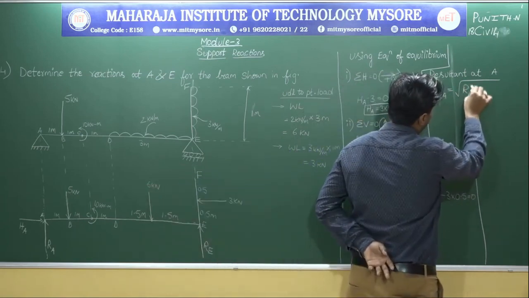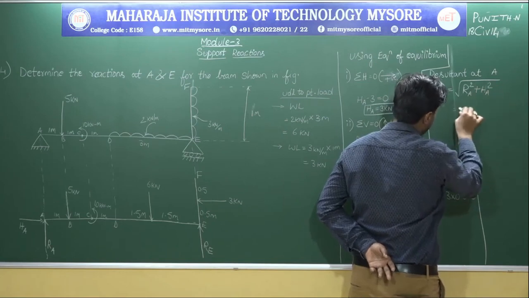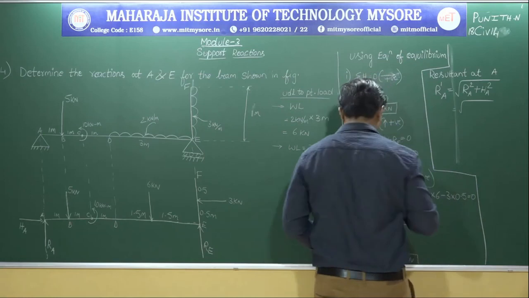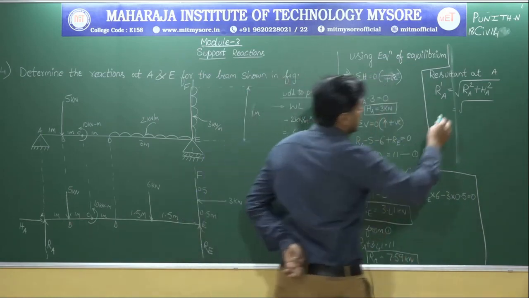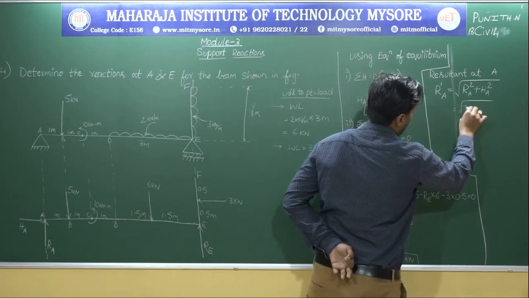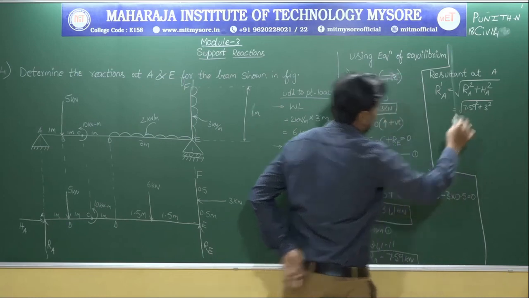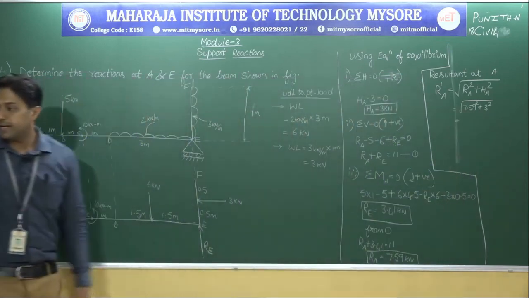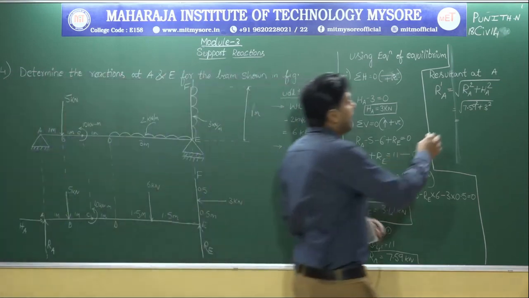It's a formula, RA square plus HA square. Please remember this. RA value is 7.59, so 7.59 square, HA is 3 square. What is the value of RA dash that we are getting? It's 8.16 kilonewton.